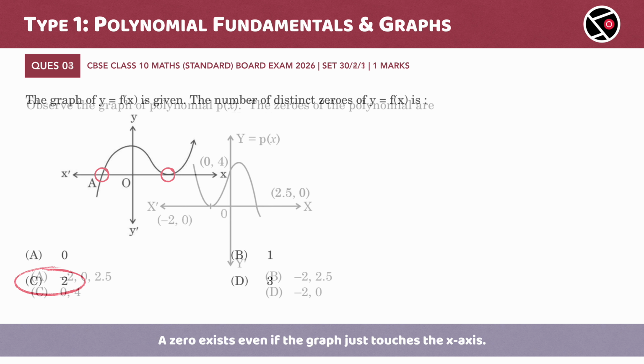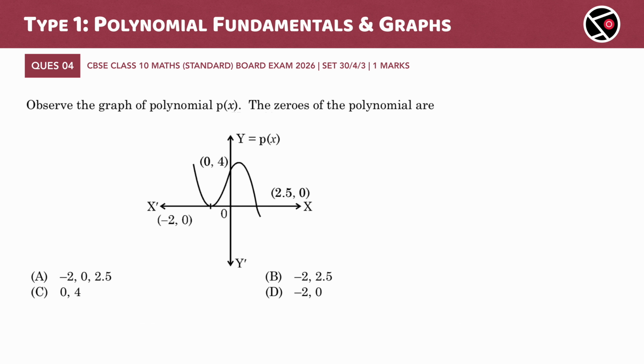Here is the next one. This time, we have to identify the actual zeros of the polynomial. Pause the video and see if you can find them from the graph. Alright, this is our first 0. The graph touches the x-axis at -2, 0.